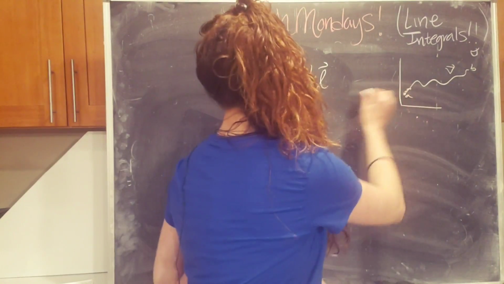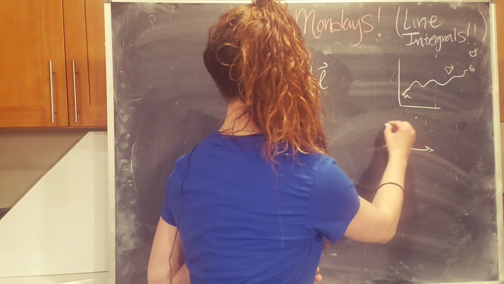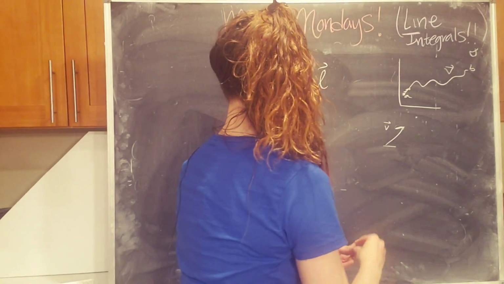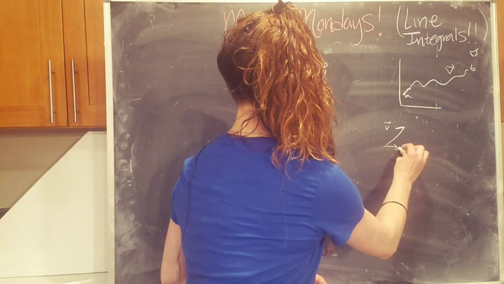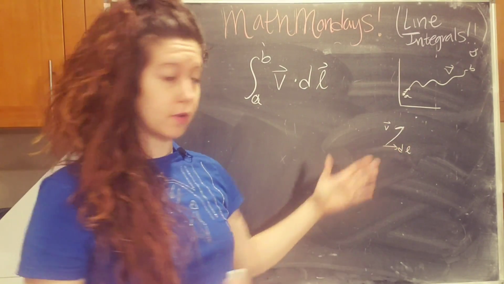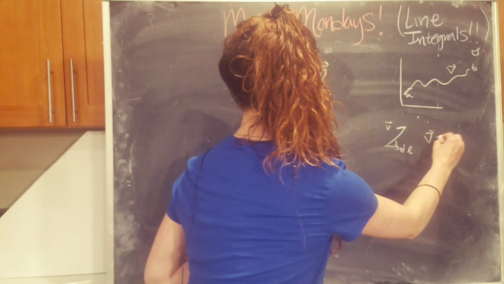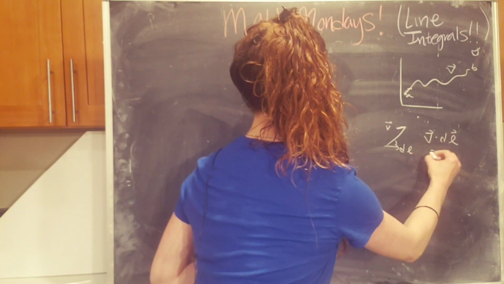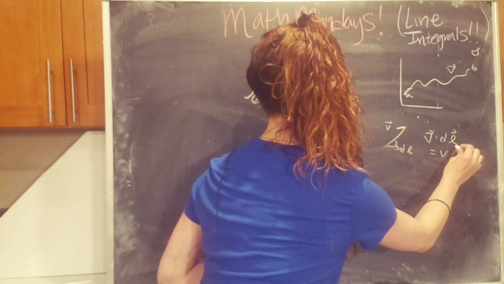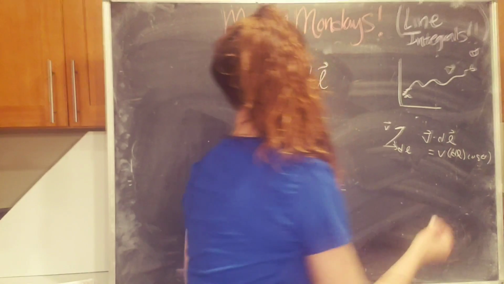Okay, so just really quick to show you what the dot product means. If that's V and this is dl, the dot product is the projection of V onto dl. So V dot dl would be V times dl times the cosine of the angle between them.